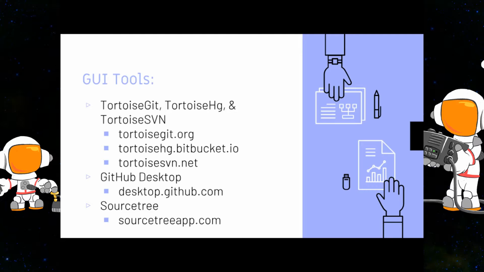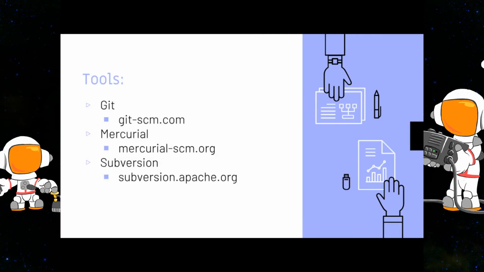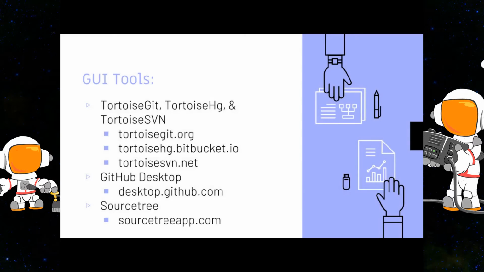Oh, and also GUI tools. Excuse me. I should probably clarify that GUI tools are probably the thing you want to pay attention to most. I can talk about installing Git, Mercurial, and Subversion, but the first few choices right here, Tortoise SVN in particular, if you install Tortoise SVN, it will install Subversion for you. So you don't really need to go searching for a Subversion plugin in that case.